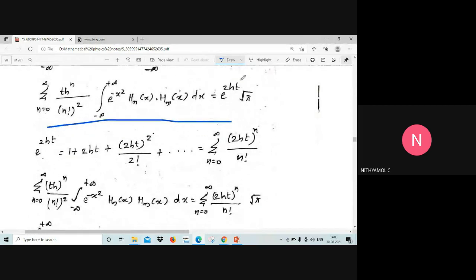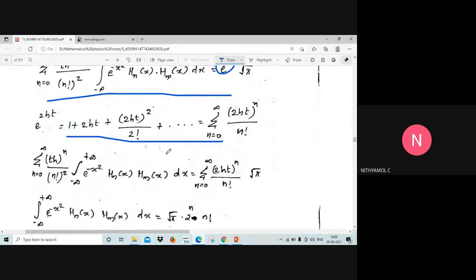Now e raised to 2ht can be expanded in this form, and we can write it as summation over n is equal to 0 to infinity (2ht) raised to n by n factorial.